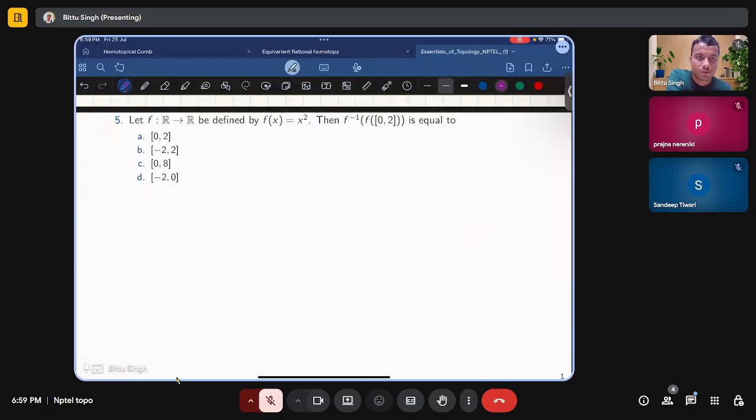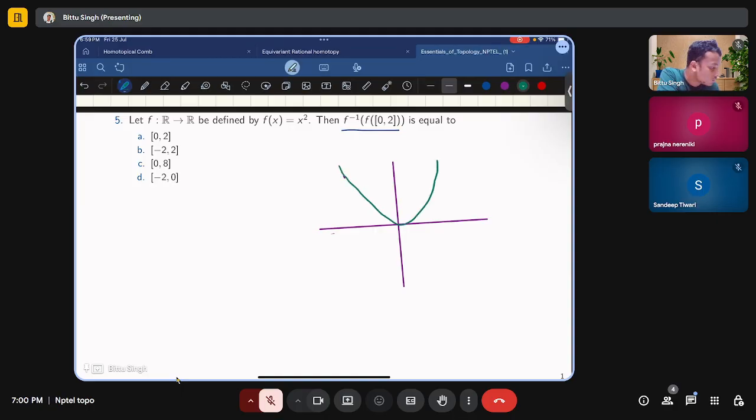Is it clear? Yes. Okay. Here f is the function given by f(x) equals x squared. Now the question is, what is f inverse of f of [0, 2]? If we draw, then the graph will look like this. X squared will be like this.